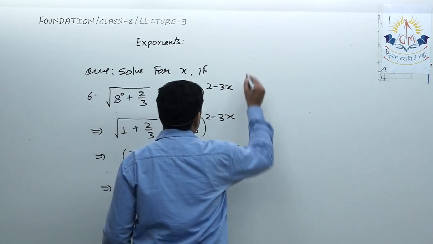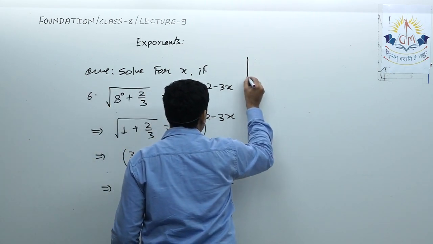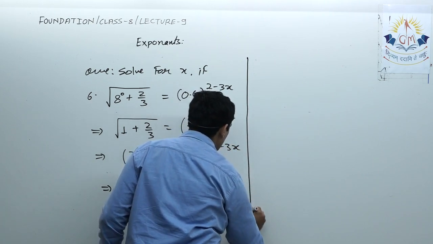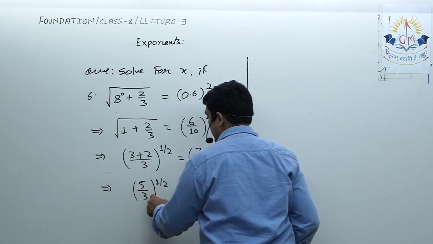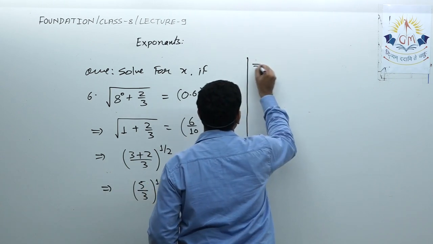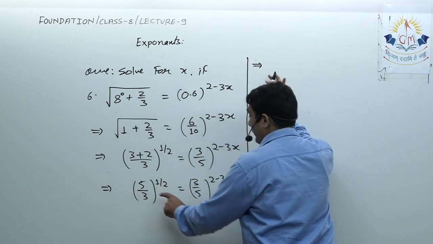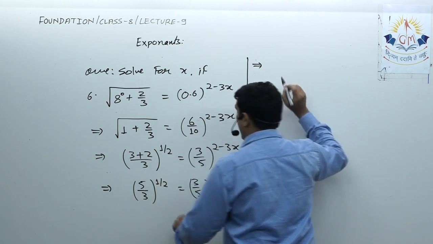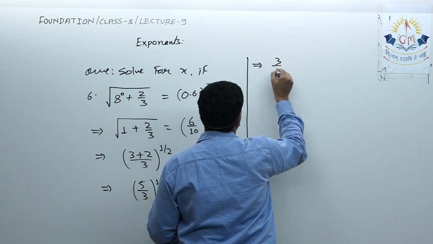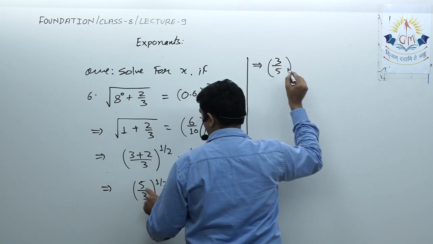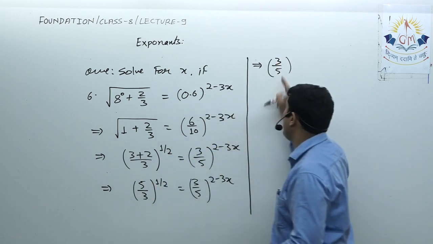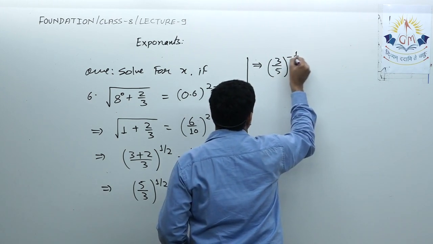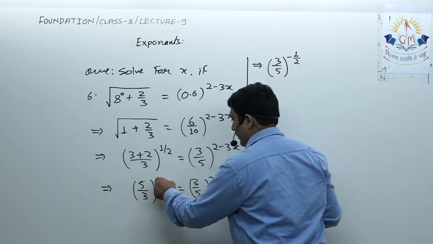Now I have to make the bases the same, and for that I have to interchange this numerator and denominator, and if I do so, I have to change the sign of the exponent as well. So instead of 5 by 3 I write 3 upon 5 raised to -1 by 2, because here it is 1 by 2.